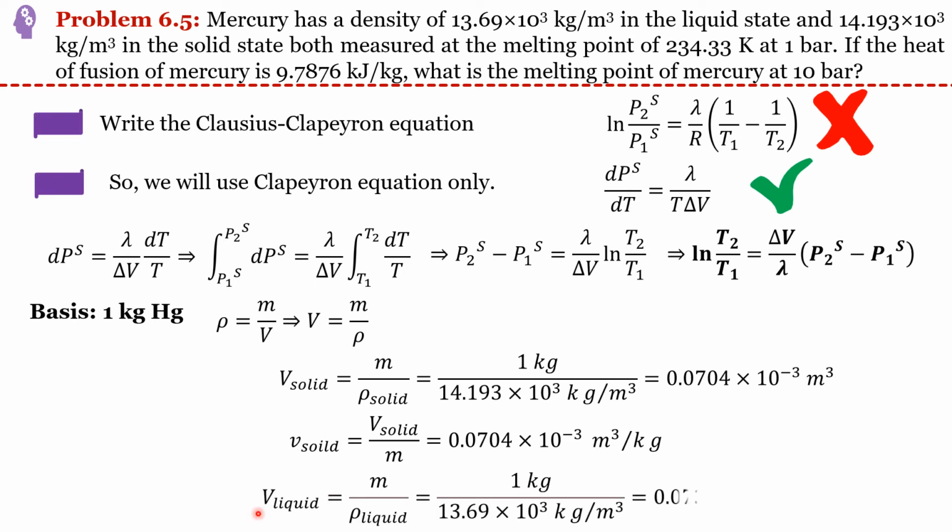Now we will write the volume of liquid equal to mass divided by rho liquid, and this will be the value of volume of liquid mercury. Further we will find the molar volume of liquid mercury. We can write V liquid equal to volume of liquid divided by mass.